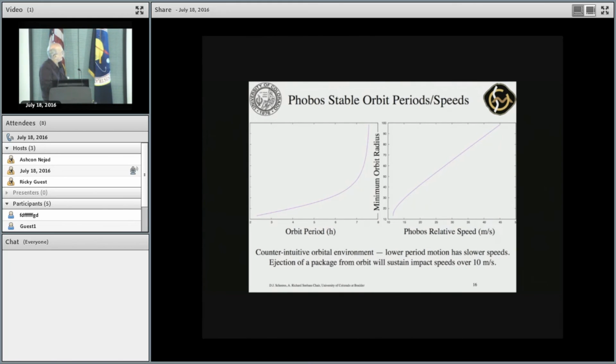So that orbit that skims is only about 11, 12 meters per second, which is still a relatively high speed. But that means that from that very close orbit, if you wanted to deploy something ballistically, you would have to have it be able to sustain impact speeds of definitely over 10 meters per second, which is about 50 miles per hour, which is pretty fast.